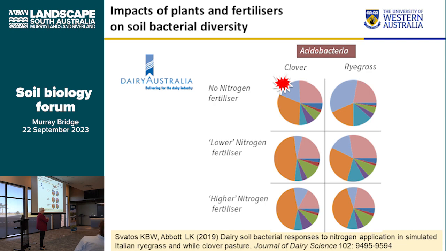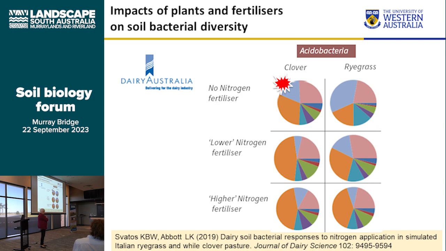The relative abundance of the groups within this group have been affected by nitrogen and by the plant. So, in other words, when you add something, a fertiliser or soil amendment, or you grow different plants, that affects some organisms in one way, other organisms in another way. So it's not a universal impact of management.